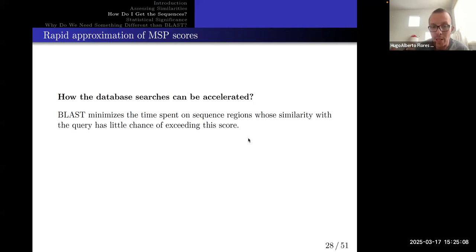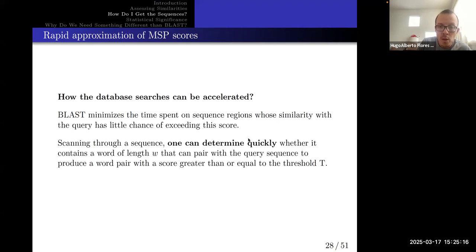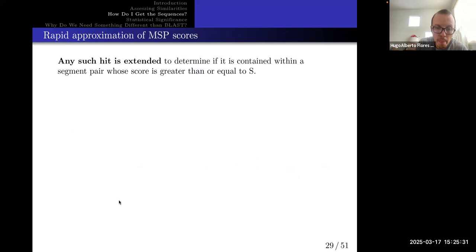If the score is not very high, you think, maybe this sequence is not really similar. And scanning through a sequence, one can determine quickly whether it contains a word of length W, which we use 3 in this case, that can pair with the query sequence to produce a word pair with a score greater than or equal to some threshold.